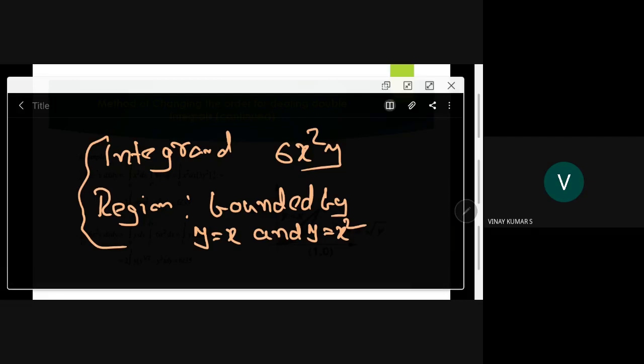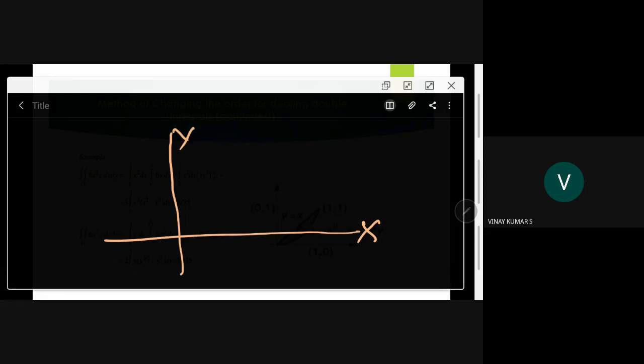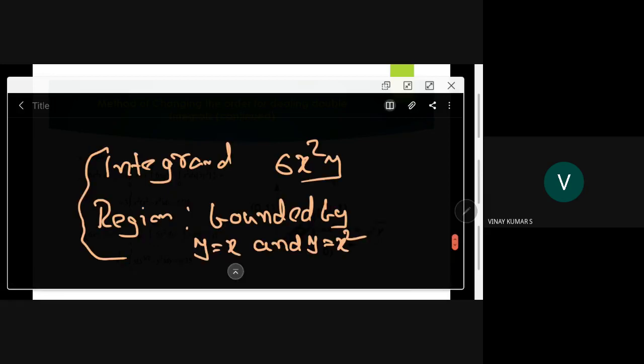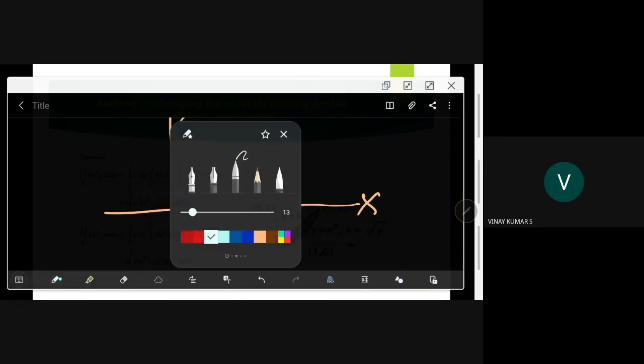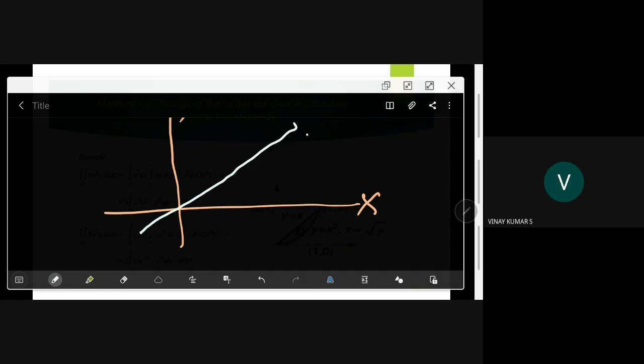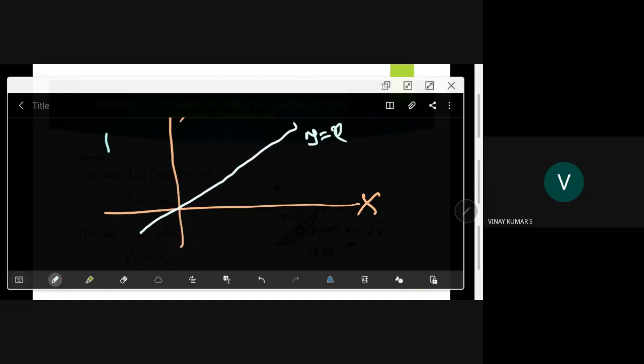So, simple thing here. We have the x-axis and y-axis. One curve is y is equal to x, the other is y is equal to x square. Draw y is equal to x like this, and y is equal to x square like this. Now I am saying bounded by.